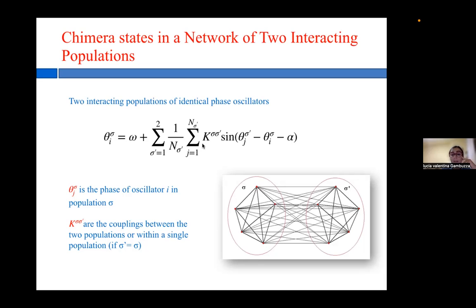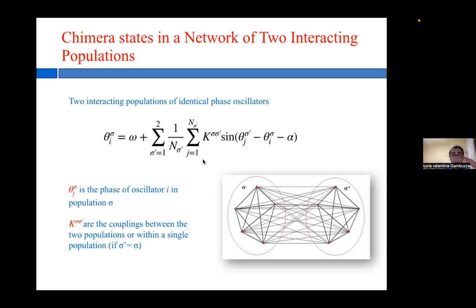And then we have the dynamics inside each population, which again is represented by a sine function of the difference of the phases. Also in this case we have the tunable parameter alpha. In particular, theta_i^sigma is the phase of oscillator i in population sigma, so we can distinguish the behavior inside each of the two populations.